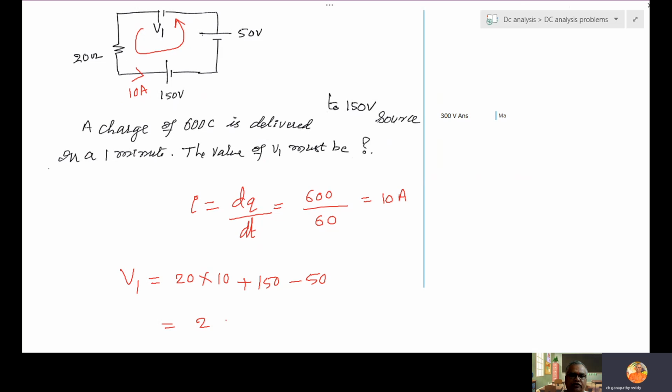So this is 200 plus 100, which is 300. That's all. So with the help of this given information, we are finding the current. We also know the current direction. Then we directly find V1.